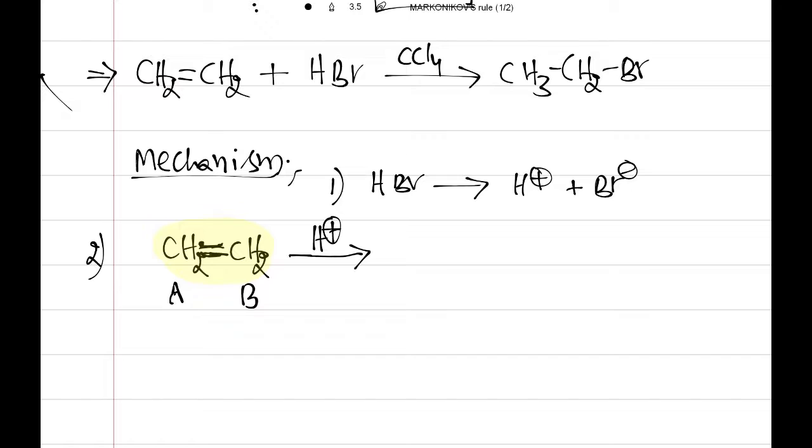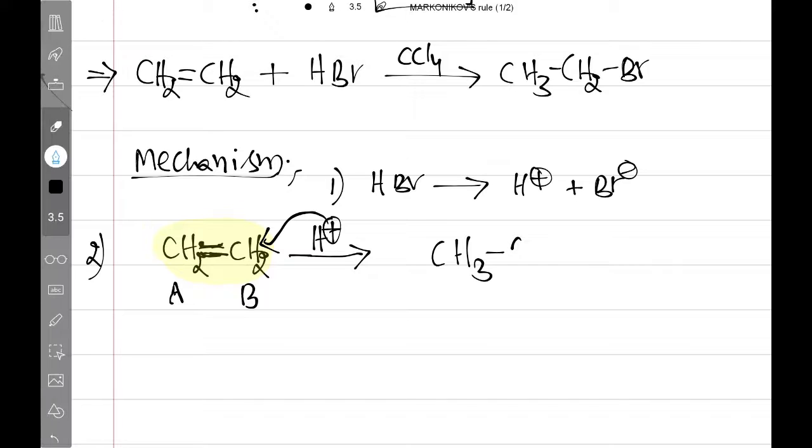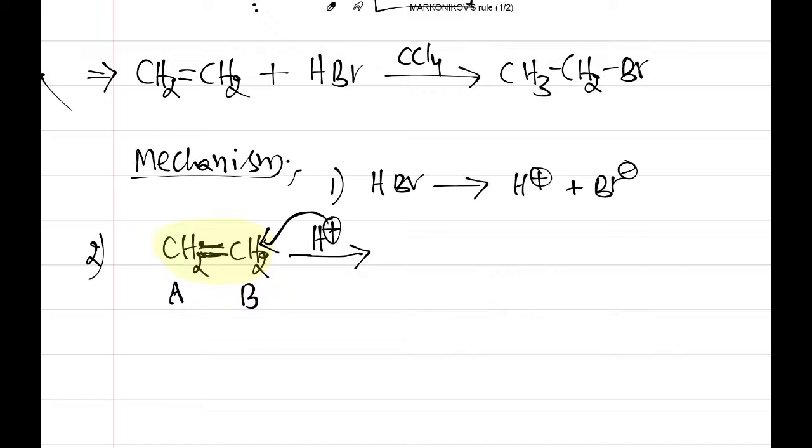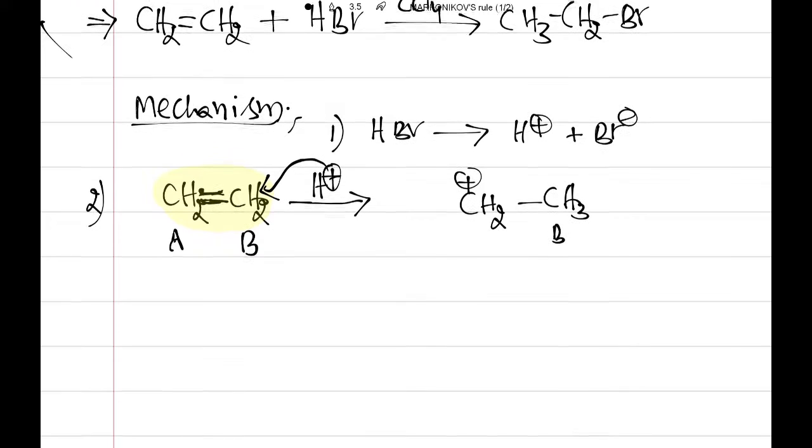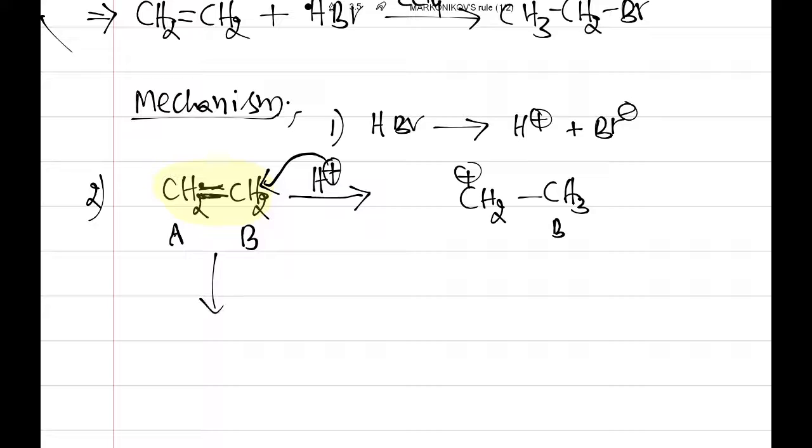If it is attached to the B carbon, we get CH3CH2+. If H plus is attached to the A carbon, we also get CH3CH2+.